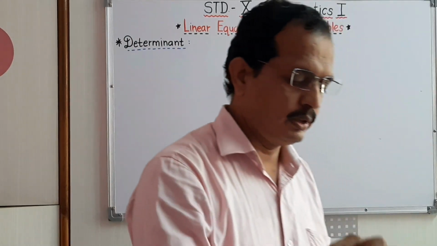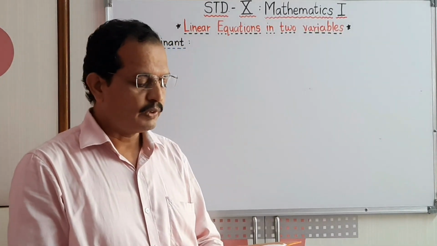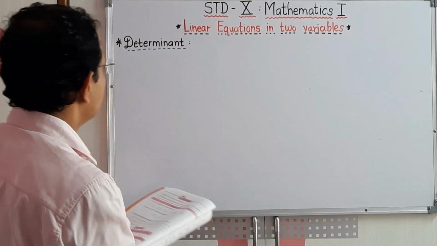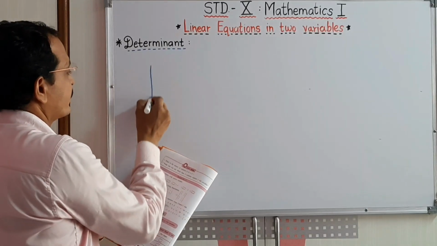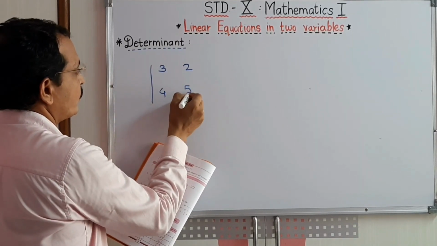a determinant. In the first question, one activity is given: filling the blank with the correct number. The first question is the determinant 3 2 4 5.